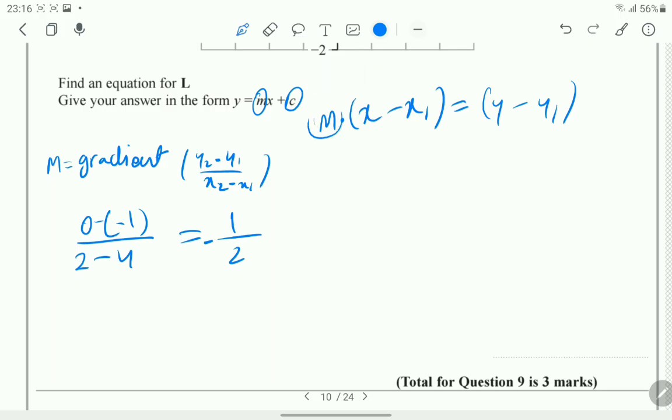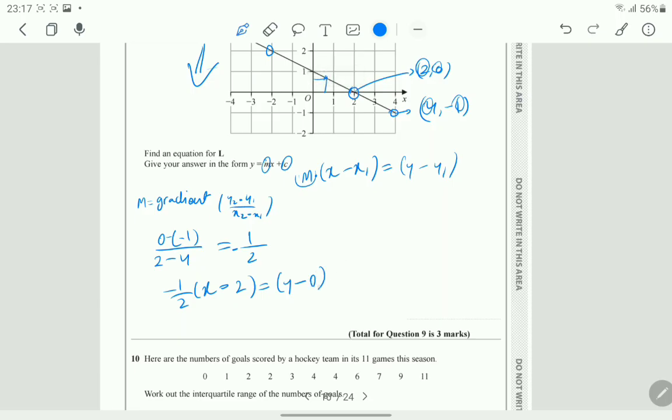So now we have m from the formula, and now we put it in: x minus x1, 2. x1 could be either point from the coordinates we just chose, y minus y1, which is 0, and the final answer we get here is y equals minus 1 by 2x, and if we multiply this with this, they basically just cancel out and we get 1. So your answer is minus 1 by 2x plus 1. Minus 1 by 2 is our gradient and 1 is the constant.